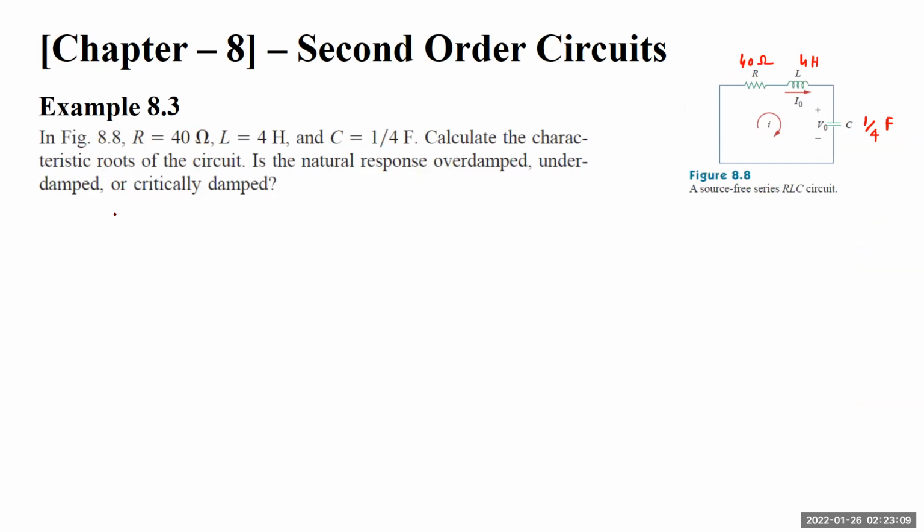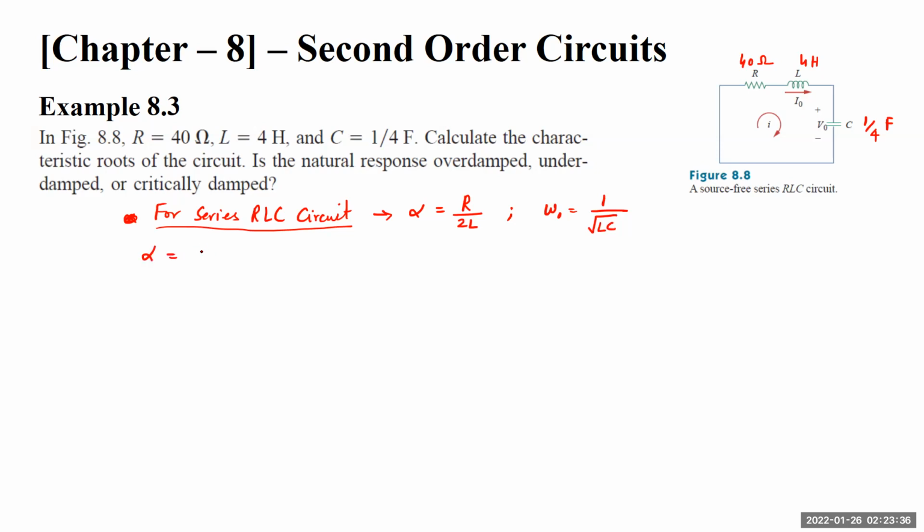So we know that for a series RLC circuit, alpha is equal to R by 2L, and omega naught equals 1 by the square root of LC. So just find the value of alpha.